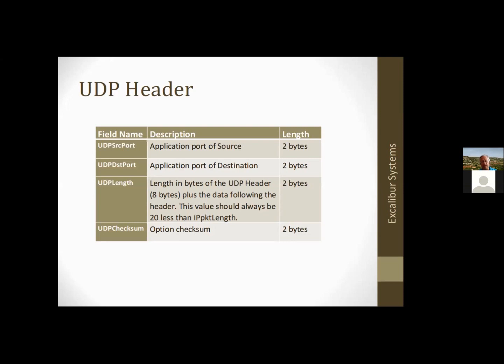Namely, it's the length from this header till the end of the data. And since it includes the UDP header but not the IP header, whereas the IP length included the IP header as well, the IP length is always going to be 20 bytes longer than the UDP header. So that's just a kind of a check that you can make.